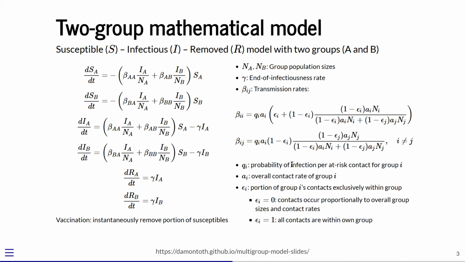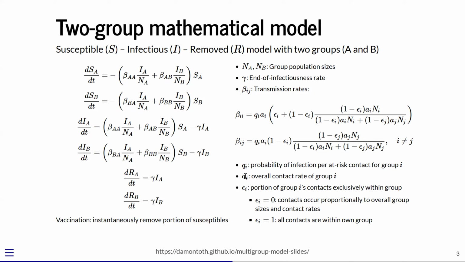So the Q is where you represent that susceptibility difference between the two groups. If one group has more underlying health problems or some other conditions that make them more susceptible to acquiring an organism for a given amount of contact, then you can represent that there.